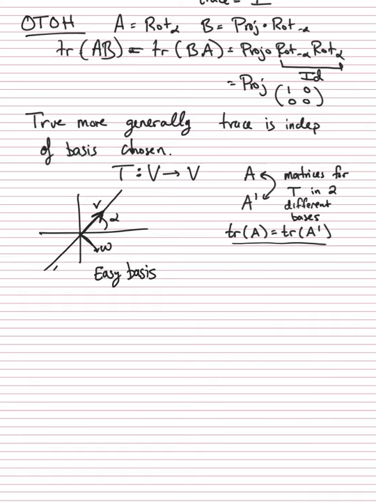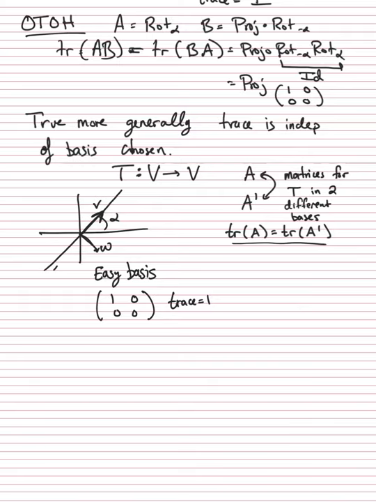In this basis, the matrix, again, is just 1, 0, 0, 0, and you just see the trace is equal to 1. Okay? So if you're allowed to choose whatever basis you want to compute some invariant of a matrix, it's often much easier to do, because you can choose exactly the right basis you need.